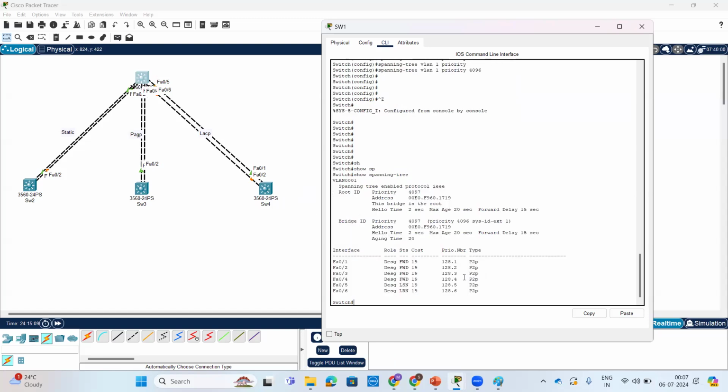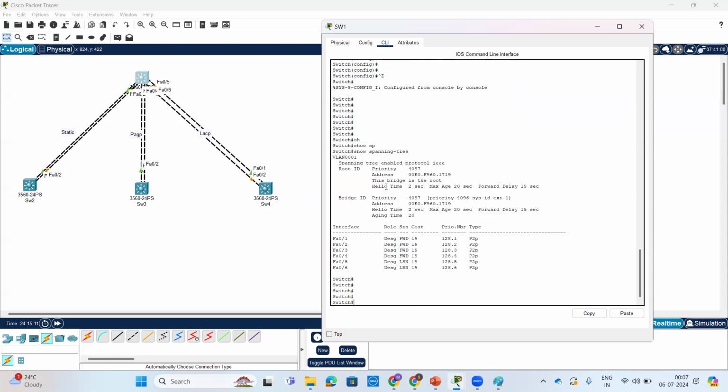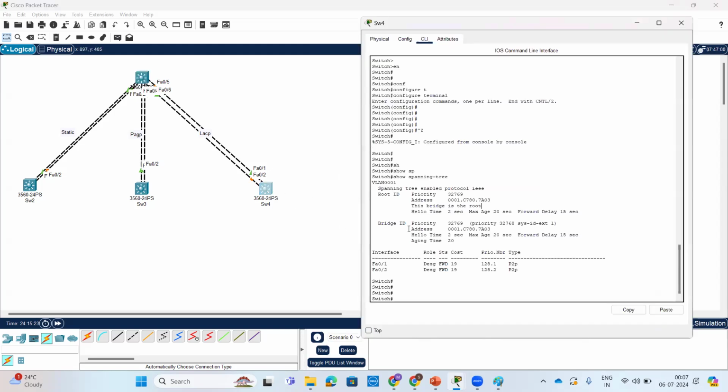So spanning tree. Okay, this bridge is root now. What I did, only the priority I have changed, from 32768 to 4096.